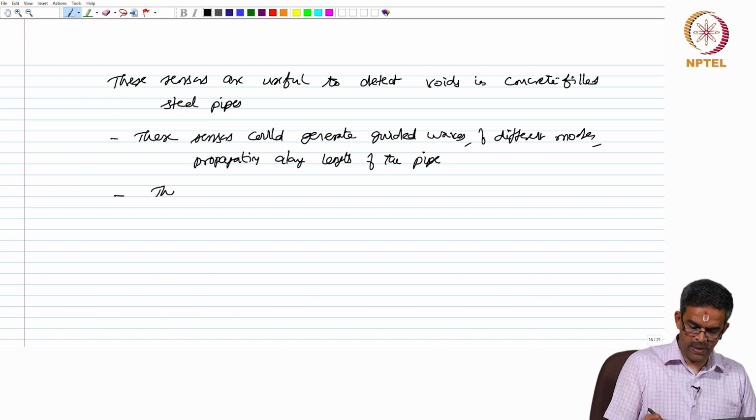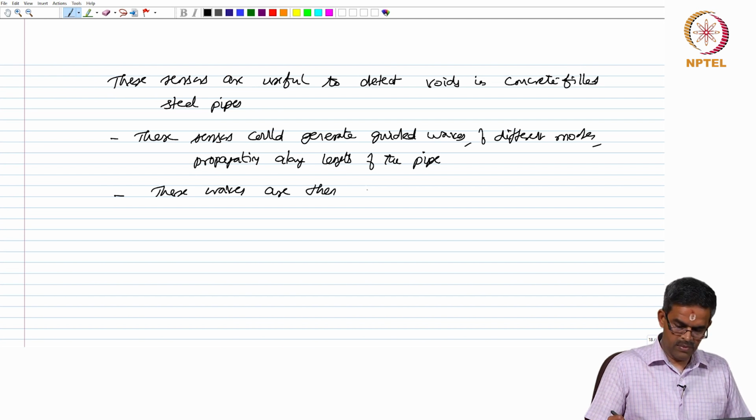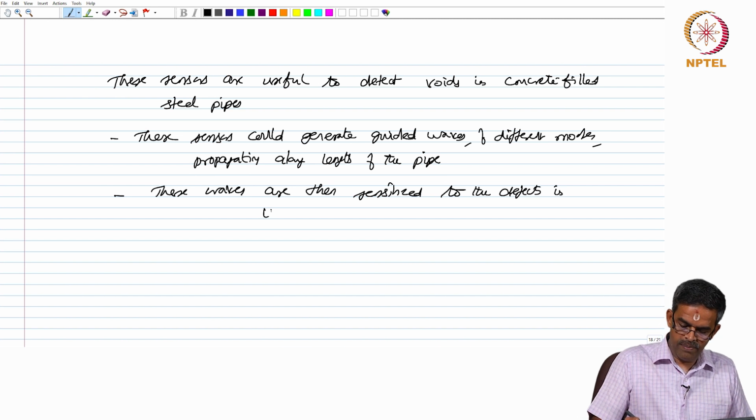These waves are then sensitive to the defects in the pipe and they detect the damage.